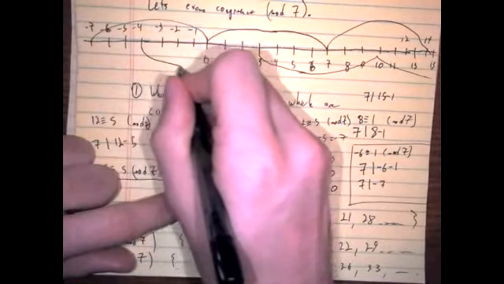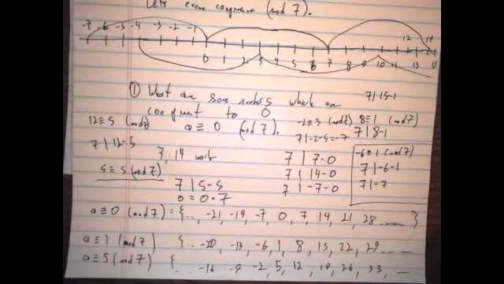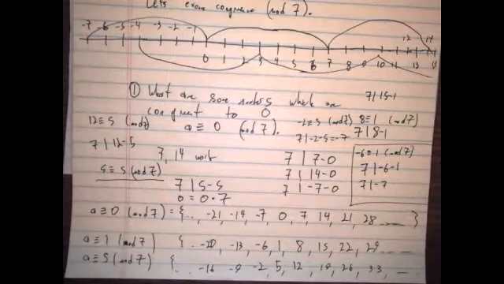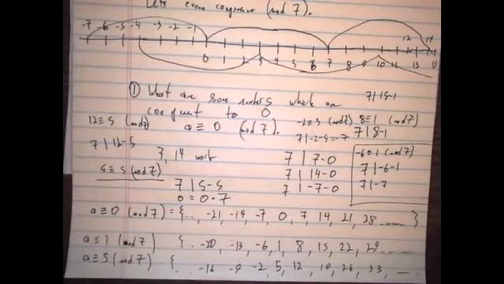I could have computed that, but instead I just counted. Does this start to make sense about what things are going to be congruent to each other modulo 7? Any questions on this big example that I just did here?